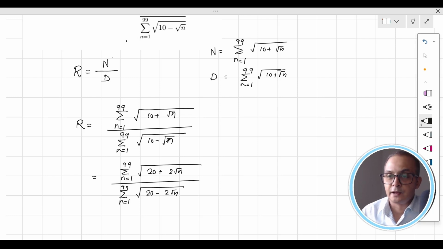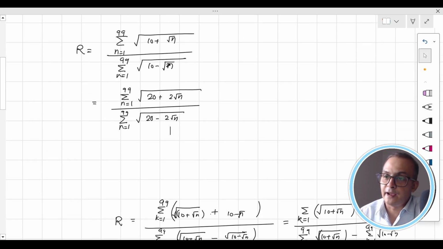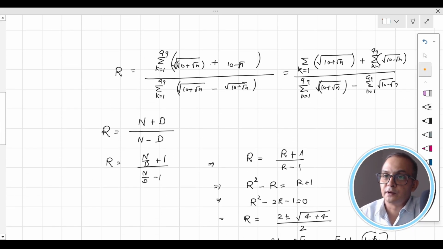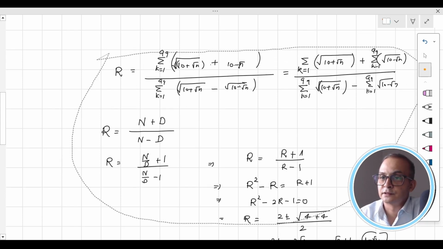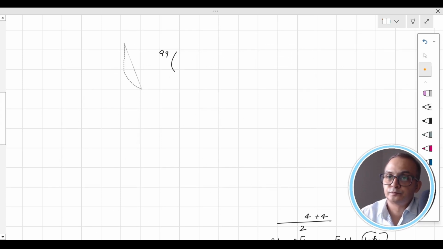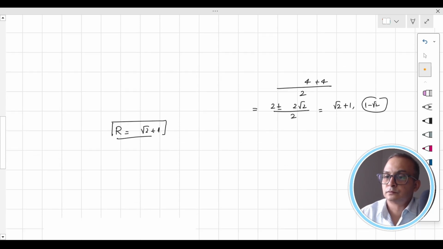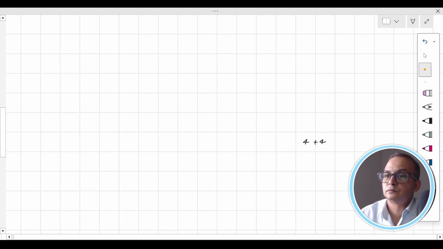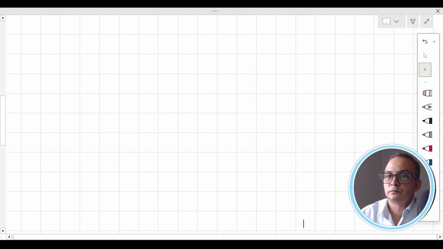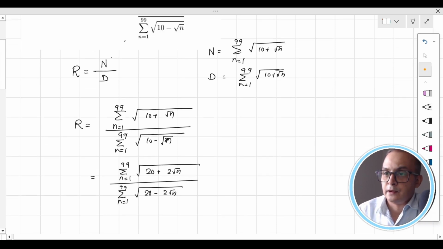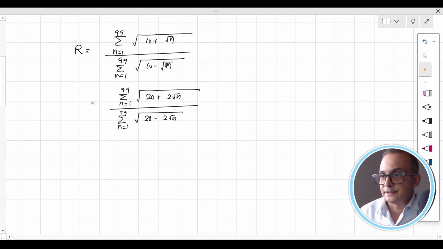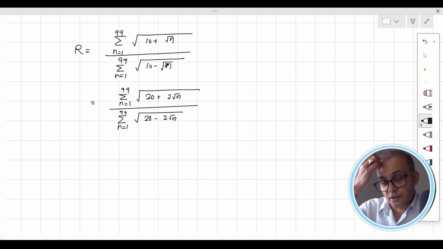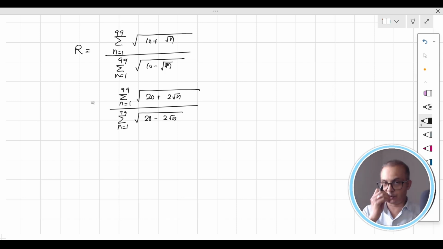Now the problem with this is, maybe we can handle the 20, but the 2 root n, how can we think of it as 2ab, because I need a perfect square.